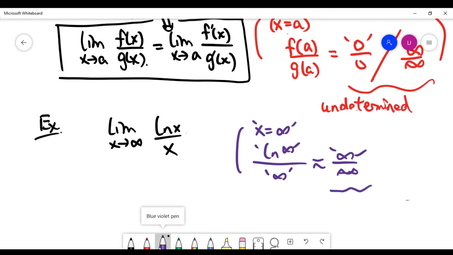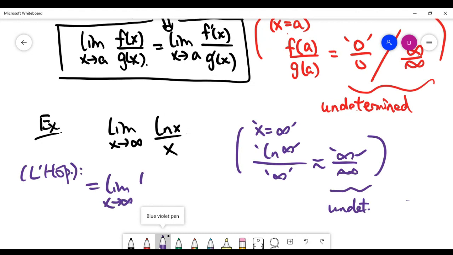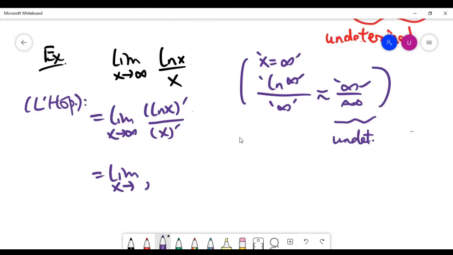As I've said a little bit earlier, infinity over infinity is undetermined, which means that you don't know the answer yet. And for now, we can apply L'Hopital's rule, and it means that it's the same as the limit as x goes to infinity for the fraction where you can find the derivative top and bottom separately. So the answer is limit as x goes to infinity.